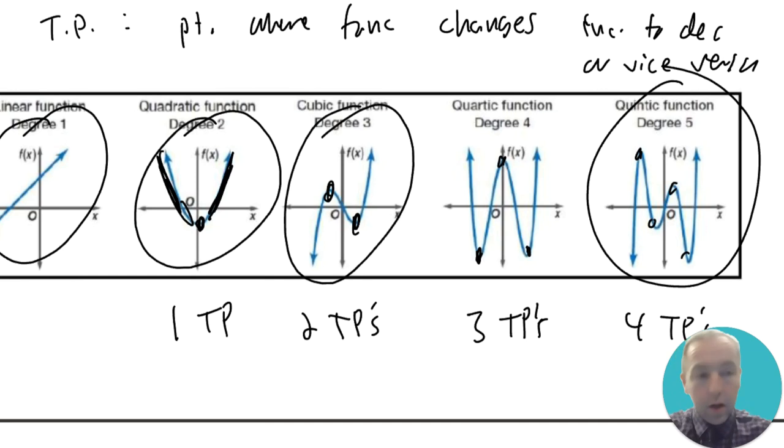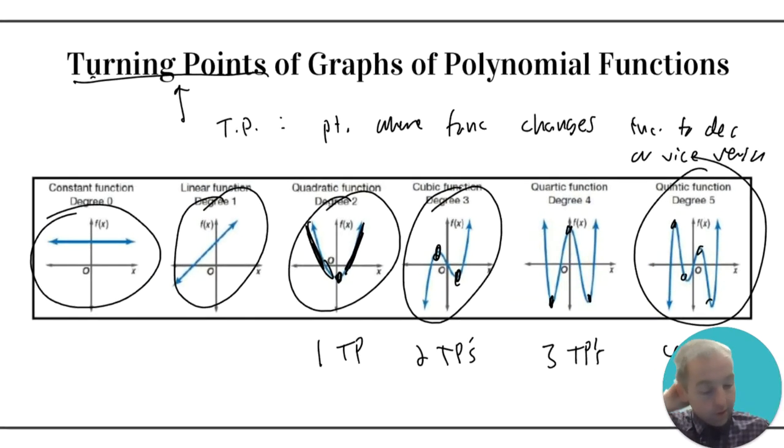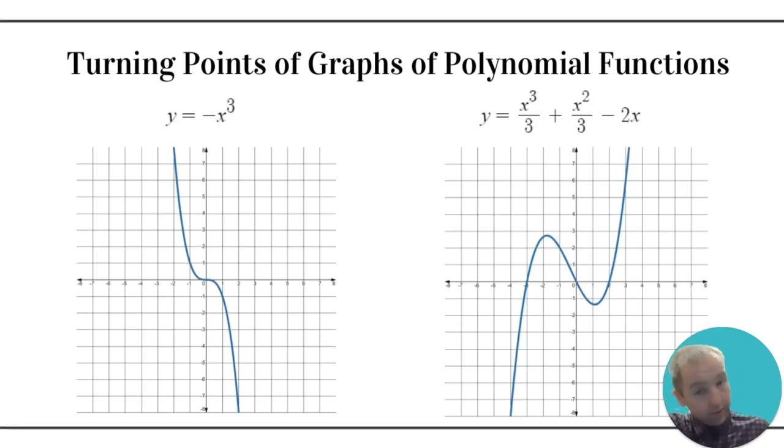So a degree 5 polynomial will have at most 4 turning points. It would never have 5 or more, okay? So the number of turning points at the most always is going to be one less than the degree. But there's just a little bit more to the story there that you want to understand.